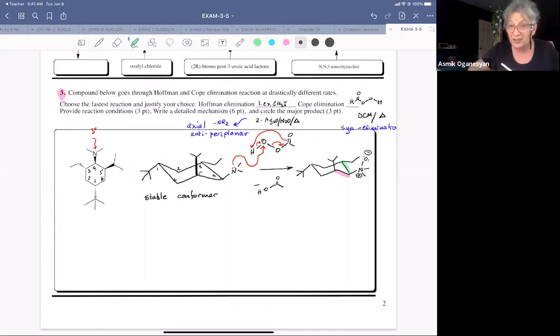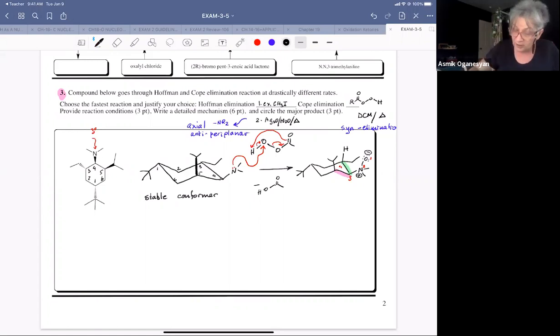So when looking at the position of our leaving group and base at the same time, to abstract a proton, let me put a little number in here, 1, 2, 3, 4, and 5.